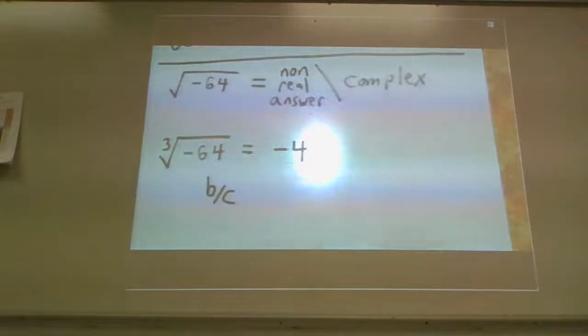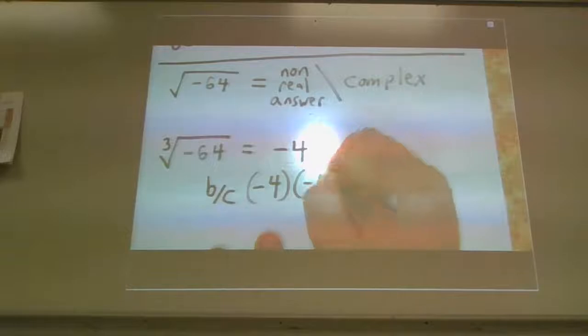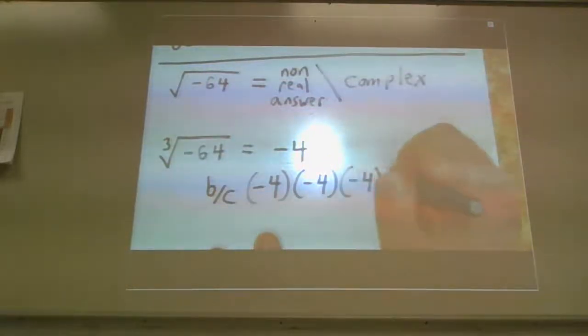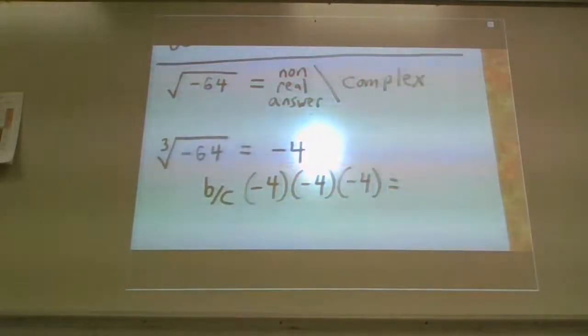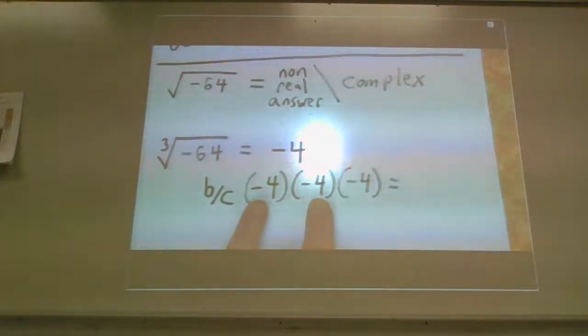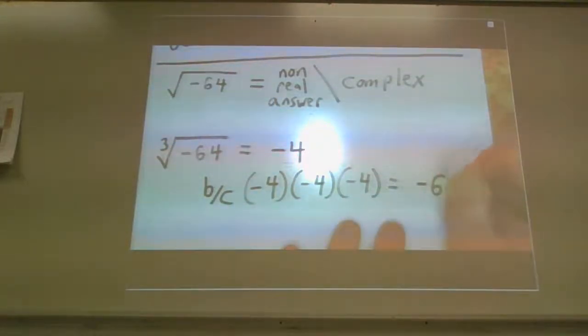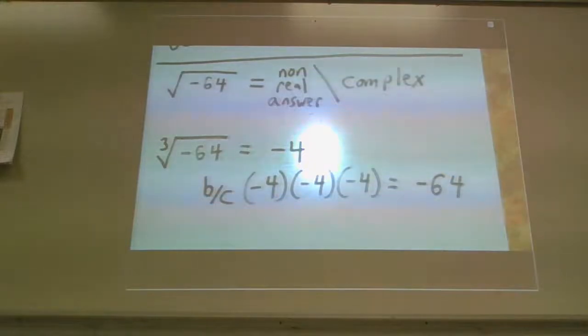Because negative 4 times negative 4 times negative 4, a negative times a negative times a negative. The first two negatives cancel each other out. But when you end up multiplying by that third negative, it results in a negative answer. Ultimately, it comes down to the following fact.